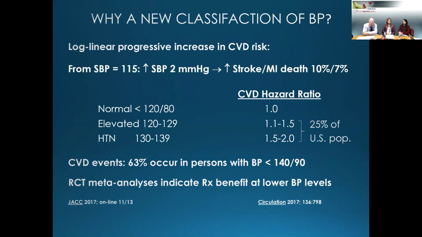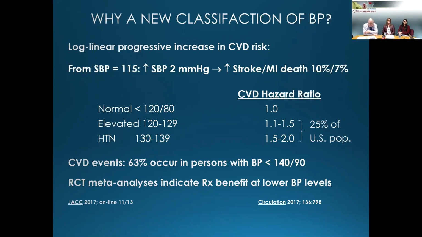Well, why do we have a new classification of blood pressure? Several reasons. First, we've known for many years from observational studies that there is a log-linear progressive increase in cardiovascular risk as systolic blood pressure increases above 115 millimeters of mercury. Each 2 millimeter increase in systolic pressure above 115 increases the risk of stroke death by 10% and myocardial infarction death by 7%.